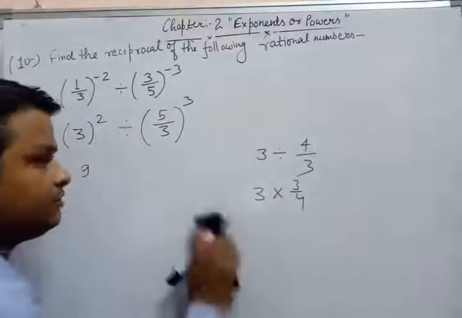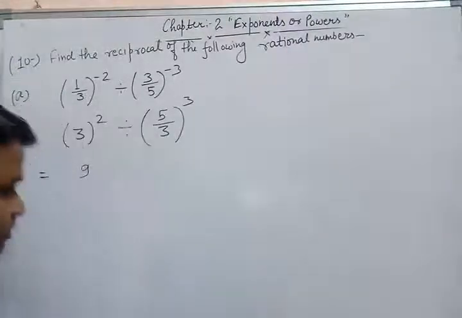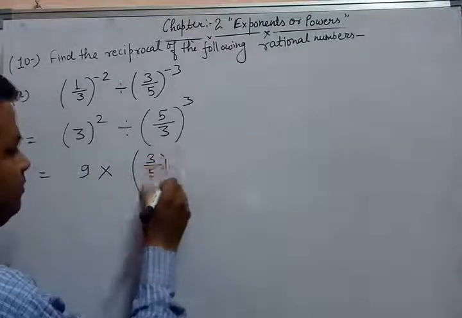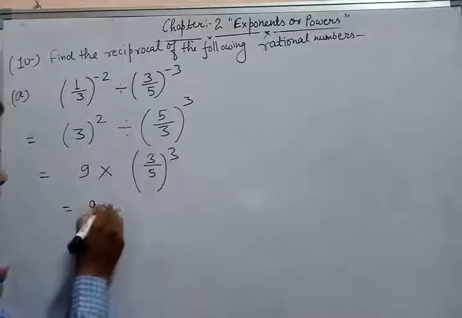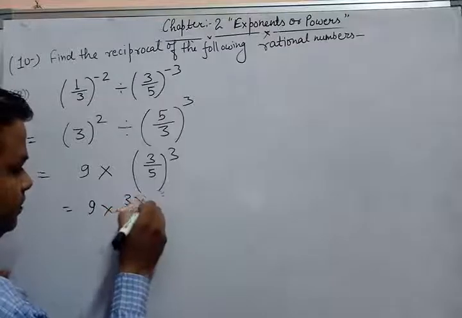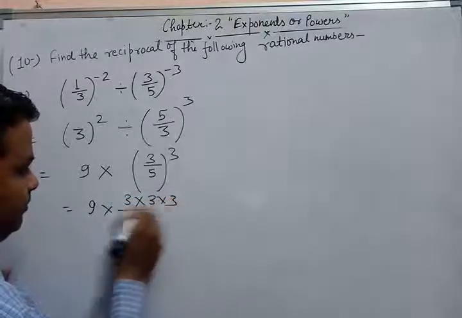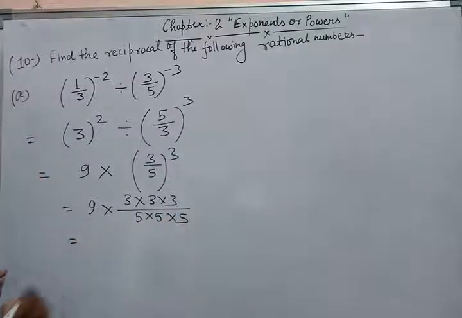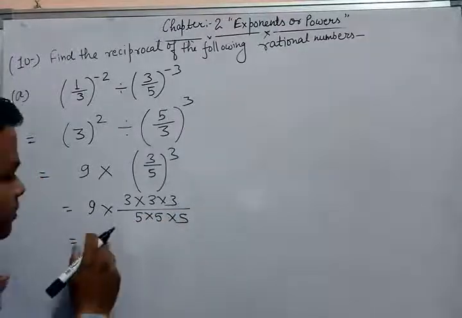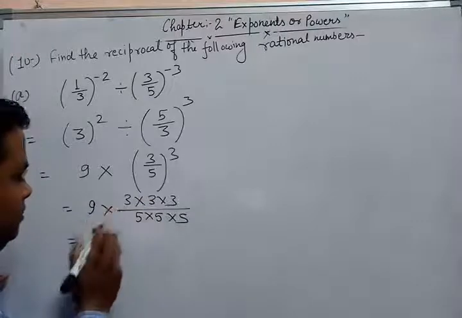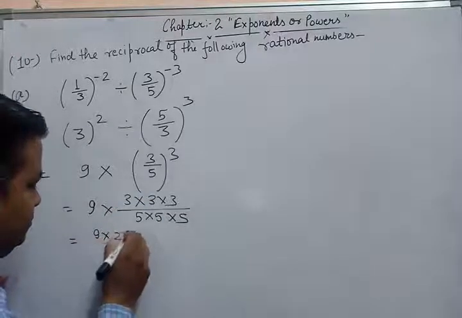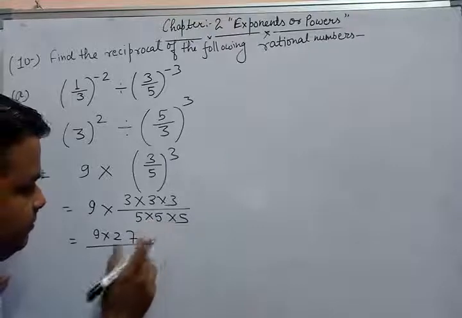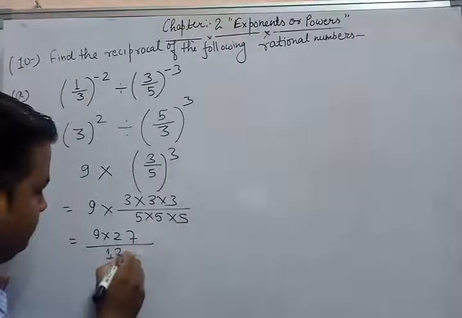So students, you have to also apply this concept. So we can write 3 upon 5 to the power 3. Now 9 into this can be written as 3 into 3 into 3 upon 5 into 5 into 5. Then 3 times 3 is 9, 9 times 3 is 27, upon 5 times 5 is 25, 25 times 5 is 125.